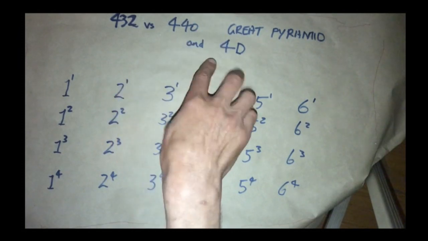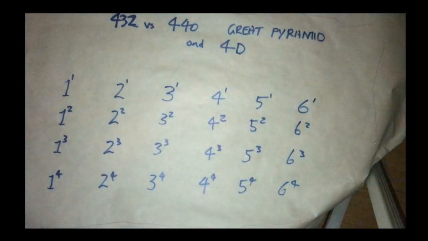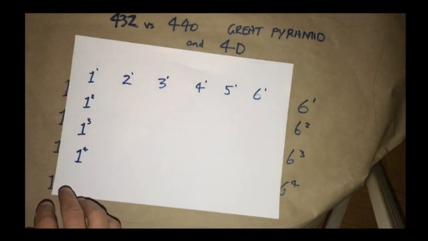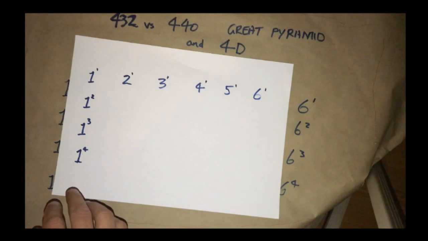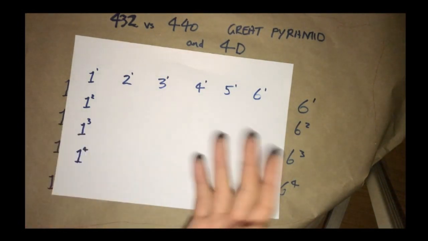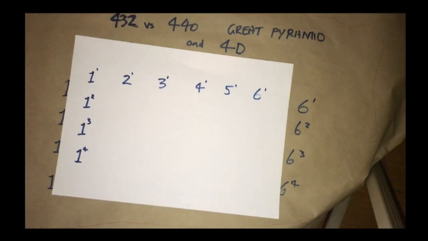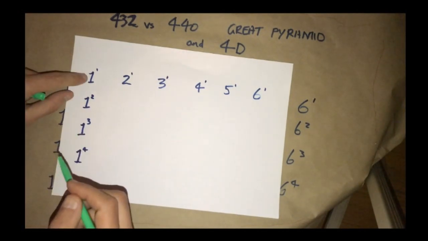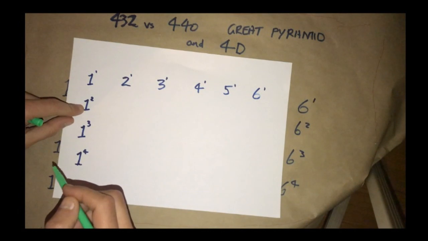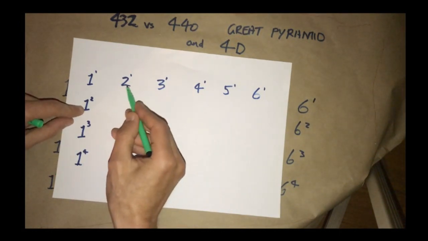But 432 versus 440 of the Great Pyramid, and 4D, so first, second, third, fourth dimension. Now I'll just show you, there's a lovely thing connecting into the fourth dimension. So we have 1 to the first, 1 to the second, so 2 squared would be 4.